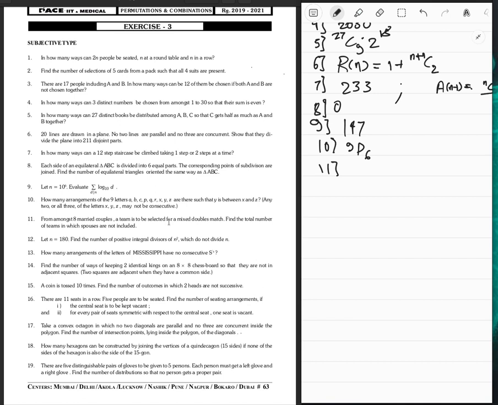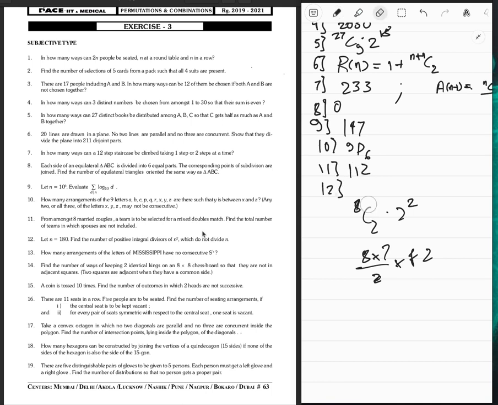Yeah, a team is only two people because it's a doubles match. Fine, so then it's pretty easy, just 8C2 times 2 to the power 2. So 8 times 7 upon 2 times 4. Exactly. So 14 times 4 is 56, times 2 is 112. Next question.